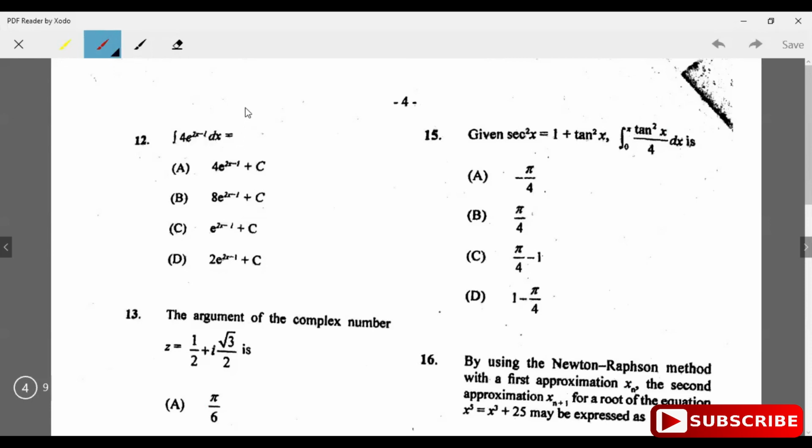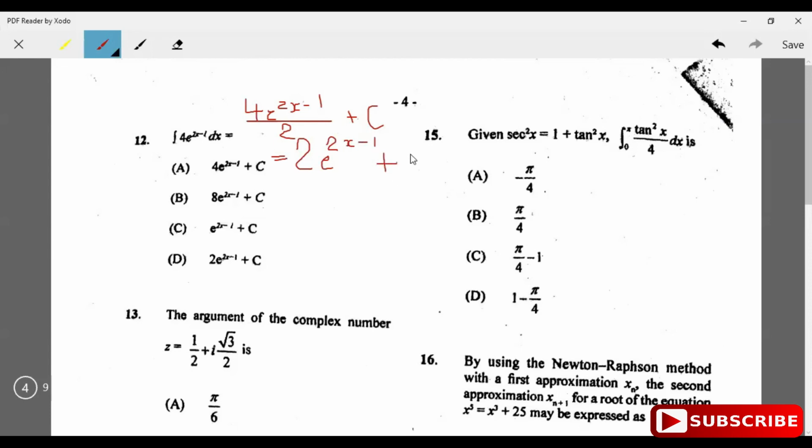So we integrate it, we're going to get 4 e to the 2x minus 1, then it's going to be divided by 2, plus some constant. And 4 over 2, that's just 2. So it works out to be 2 e to the 2x minus 1 plus c.